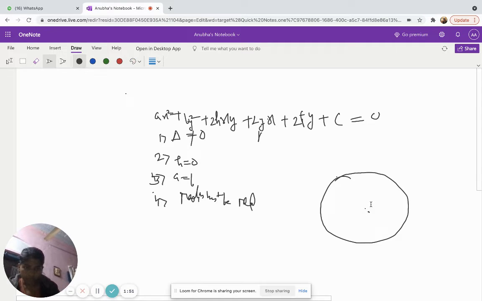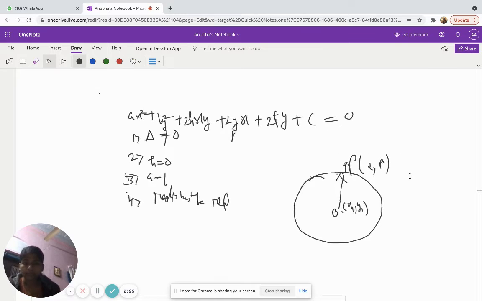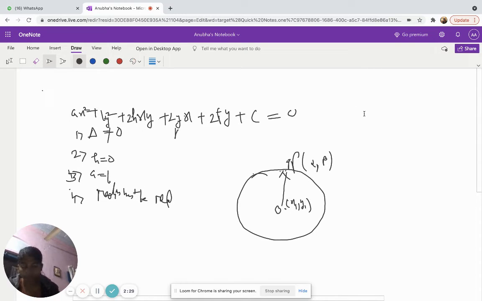So let's say this is the center. The center is represented with, let's say, x1 comma y1, and we call it O, and there is one point P that we take on the circle, and its coordinate is alpha comma beta. Let's say there is some variable point P on the circle whose coordinate is alpha comma beta, and our center is x1 comma y1.